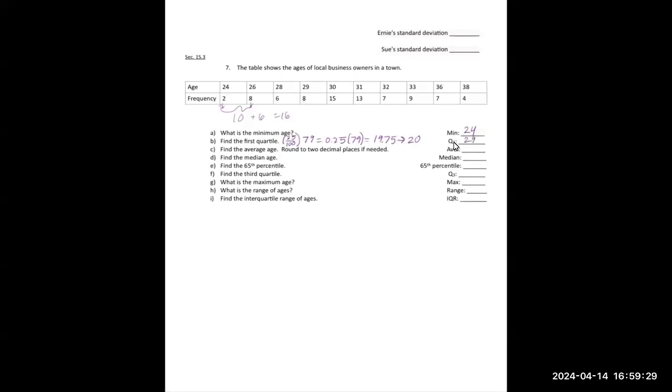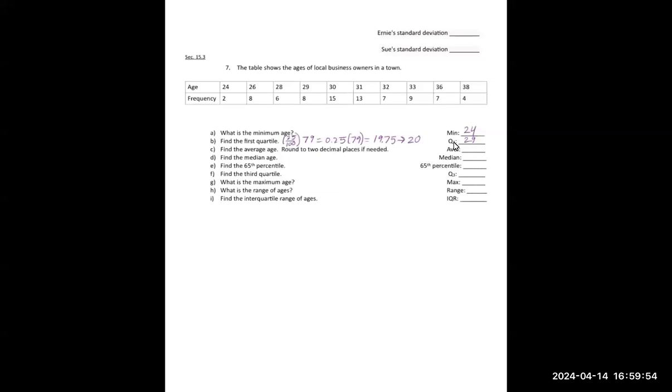All right, then it says find the average age. Round to 2 decimal places. So to find the average, I have to add up all the numbers. Oh, wait, hold on. Remember, when you have it in a table like this, there are 2 people who are age 24, 8 people who are age 26, and so on.